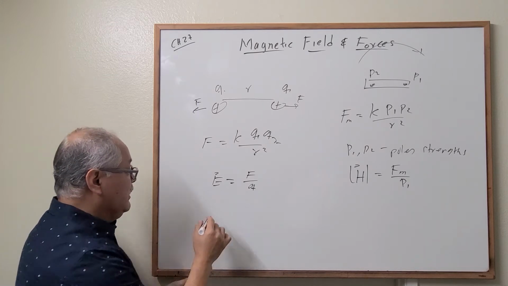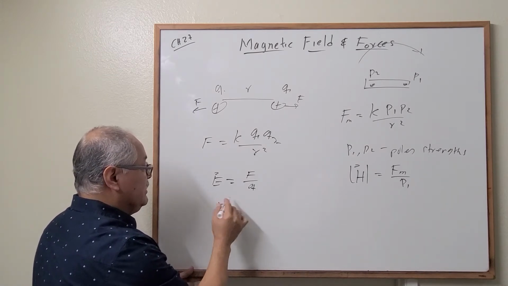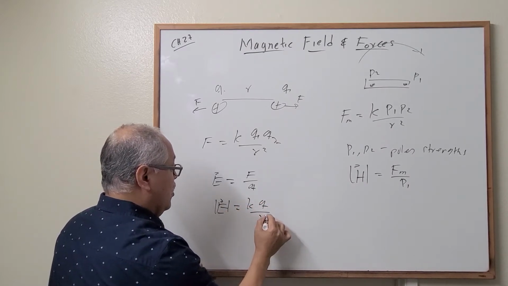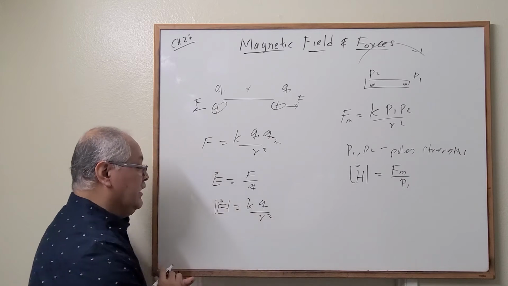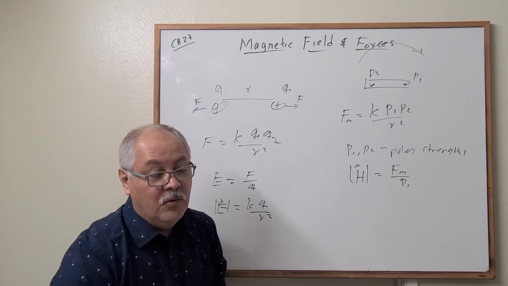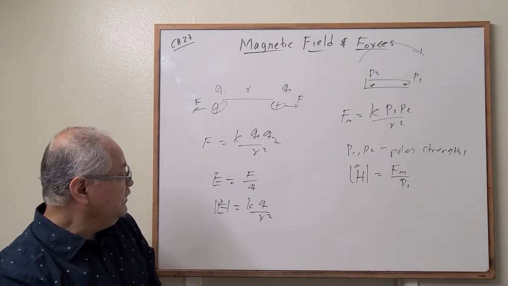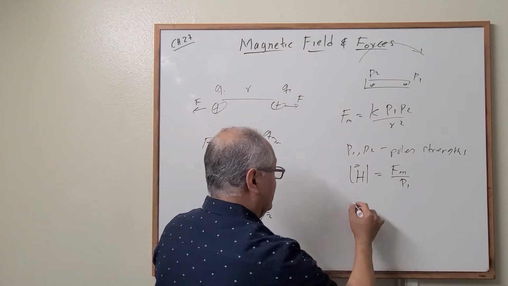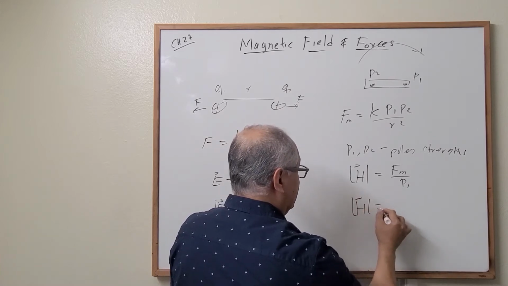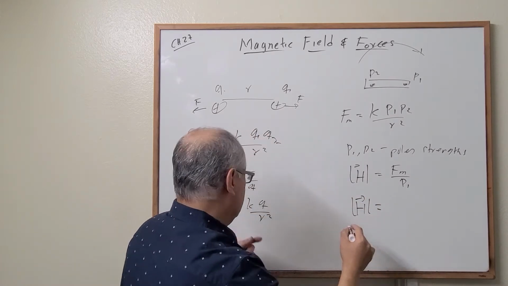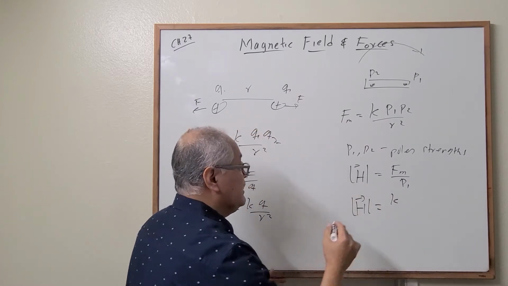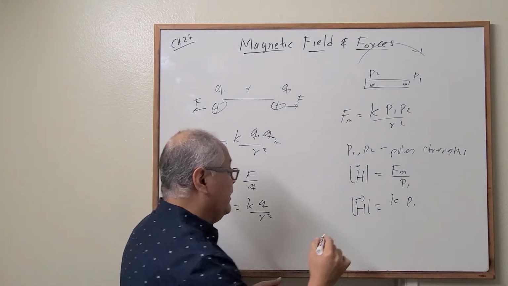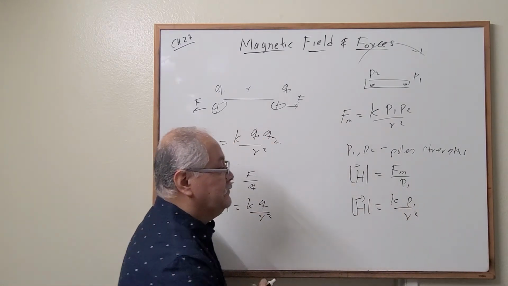Also, we define the electric field magnitude to be k times the charge divided by r squared. That's another form for the electric field. Now let's go to the magnetic field in the same way. This is equal to k, the constant, times the pole strength divided by r squared.